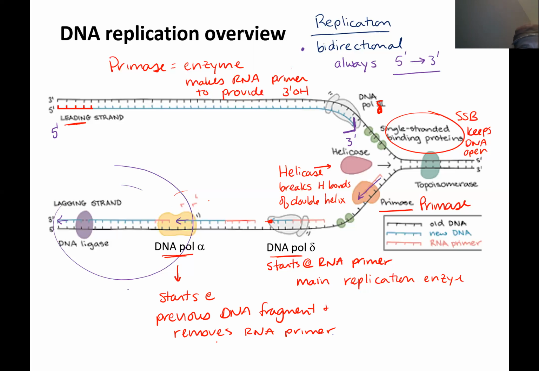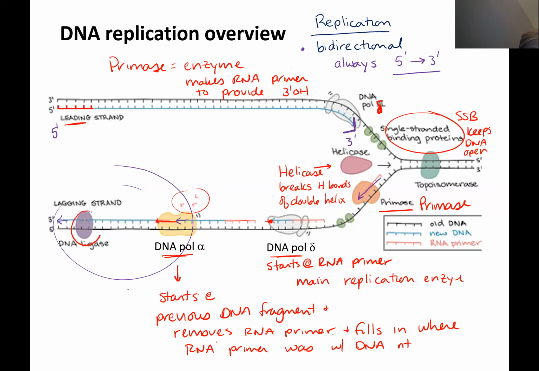It's trying to show you that right here with little red RNA nucleotides being kicked out. And fills in where the RNA primer was with DNA. So with DNA nucleotides, right? And so DNA Pol alpha is going to keep going until it gets right to this spot right here. So it's going to go, go, go.